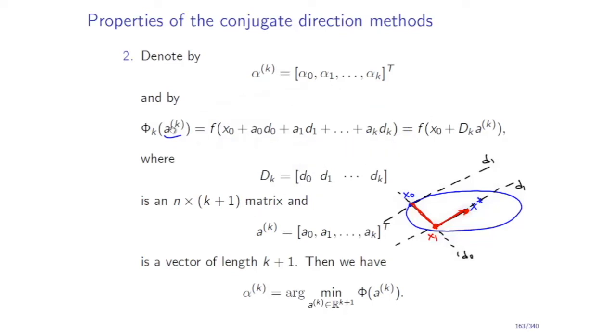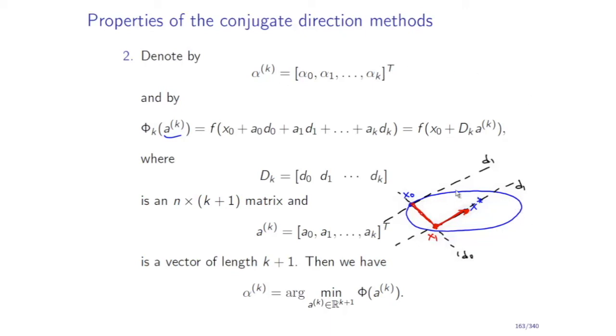The result here is that if we are trying to solve this problem of minimizing phi k of ak, then the optimal set of step sizes will be given exactly by the alphas that you have in the conjugate direction method when you are minimizing with respect to each direction one step at a time.